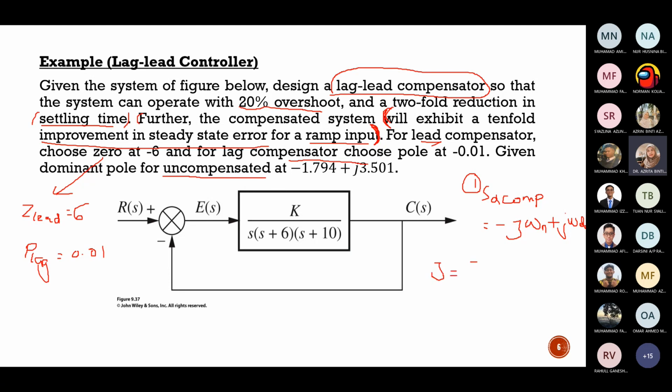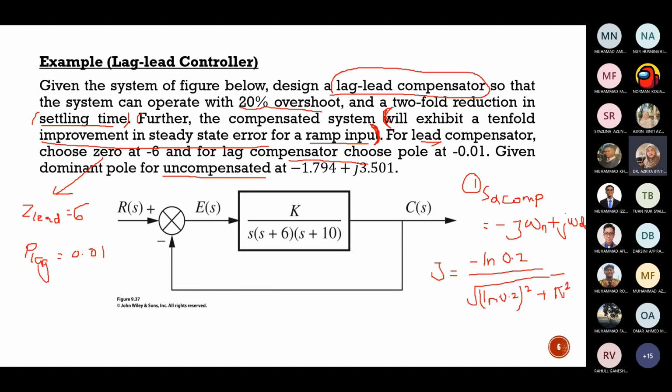Zeta is equal to minus ln 0.2 divided by the square root of ln 0.2 to the power of 2 plus pi to the power of 2.